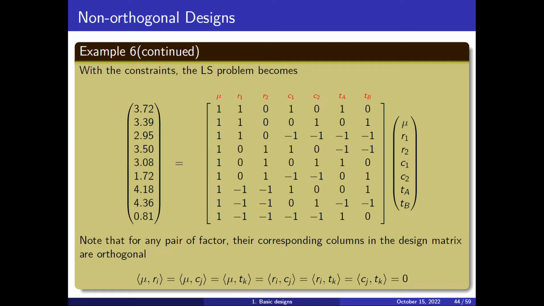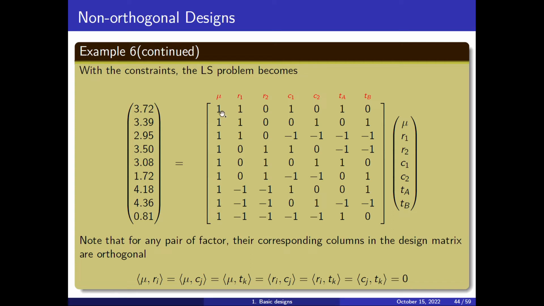And this problem is said to be orthogonal. So orthogonal means that if you take the columns corresponding to each one of the factors, or to each one of the levels, so we have mu, we have R1, we have R2, and so on. And now we compute, for instance, the inner product between these two vectors.